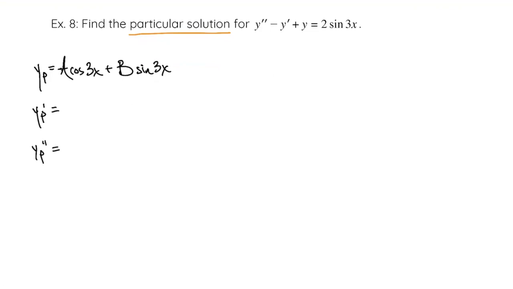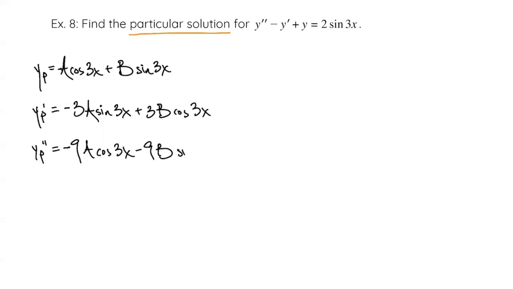Negative 3a sine 3x plus 3b cosine 3x. And for the y double prime, we should end up with negative 9a cosine of 3x minus 9b sine of 3x.